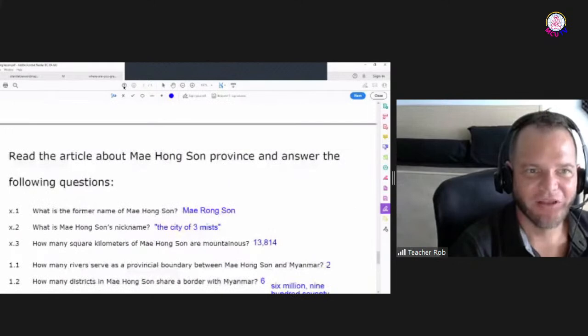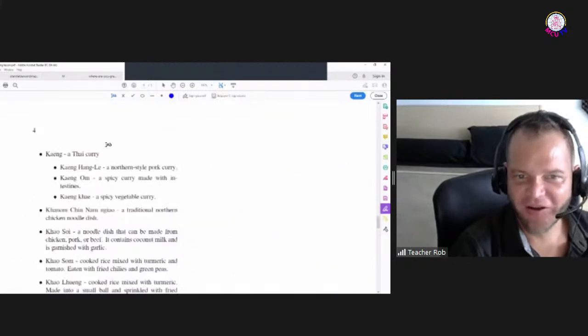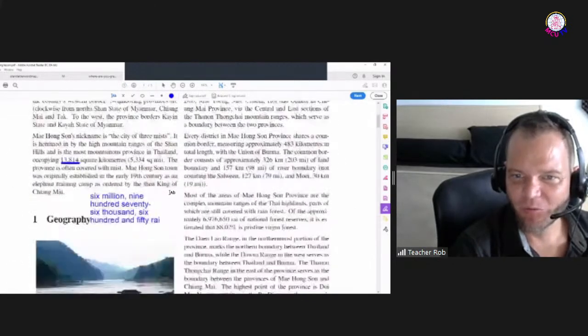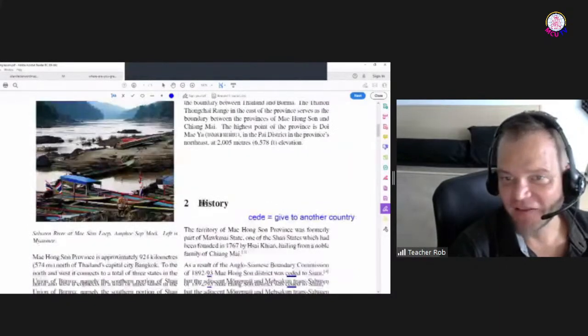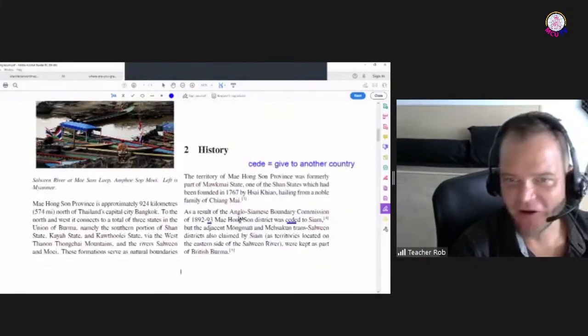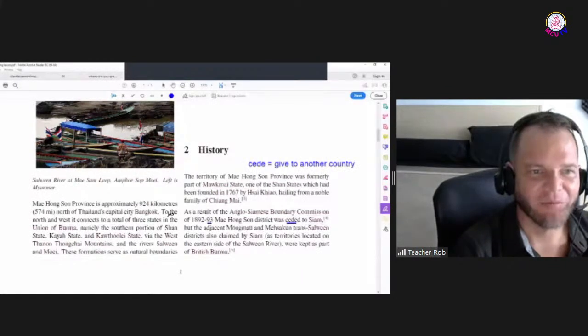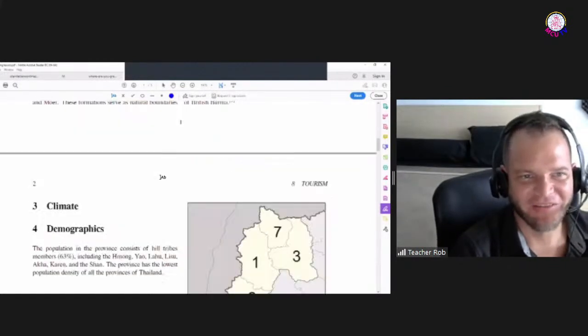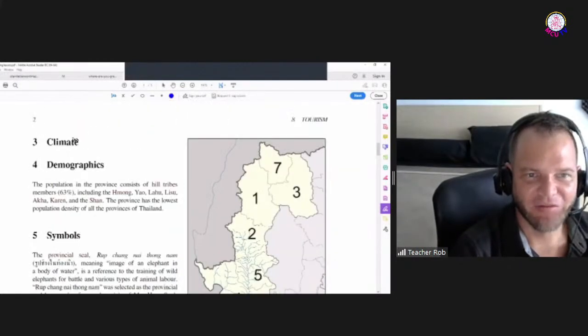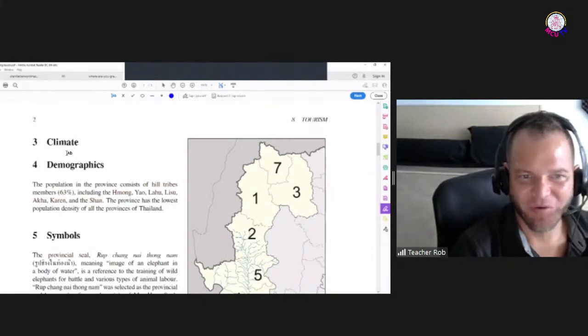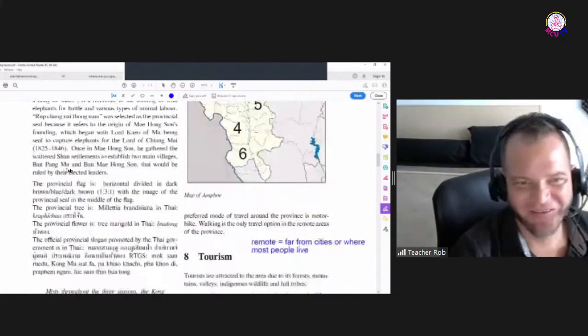So we looked at again, the geography, where is it, how old it was. It's part of Thailand for over 100 years now, about 130 years actually. We know the climate, so they didn't even mention that. Demographics, who's made of, all the official symbols and provincial flags and slogans and all that.